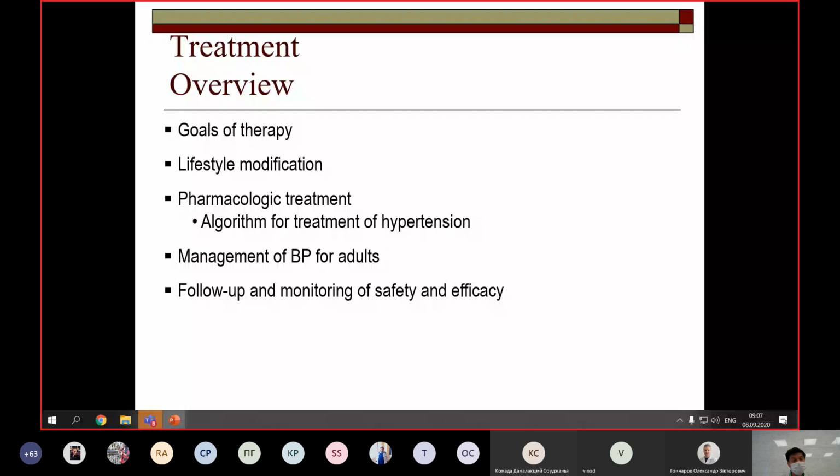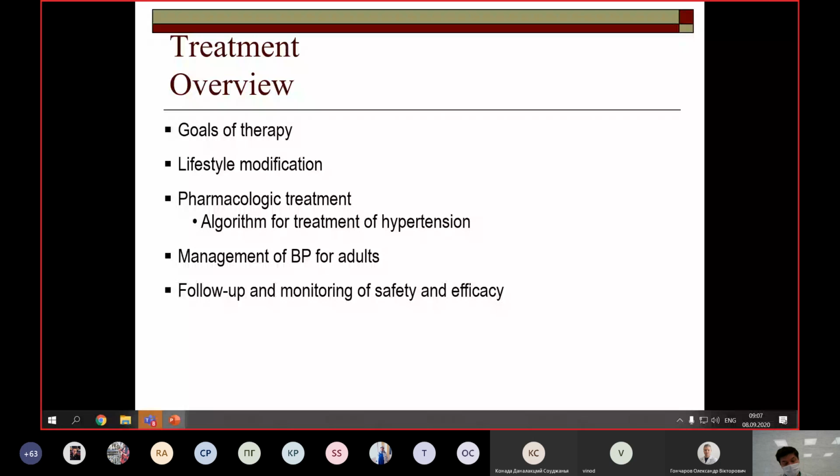Before treatment, please pay attention to the overview of our further consideration: goals of therapy, lifestyle modification, pharmacological approach, and discussion of some algorithms according to new clinical protocols. The management of BP for adults, children, adolescents, and pregnant women, for instance, and the follow-up and monitoring of safety and efficacy, which should be used in routine.